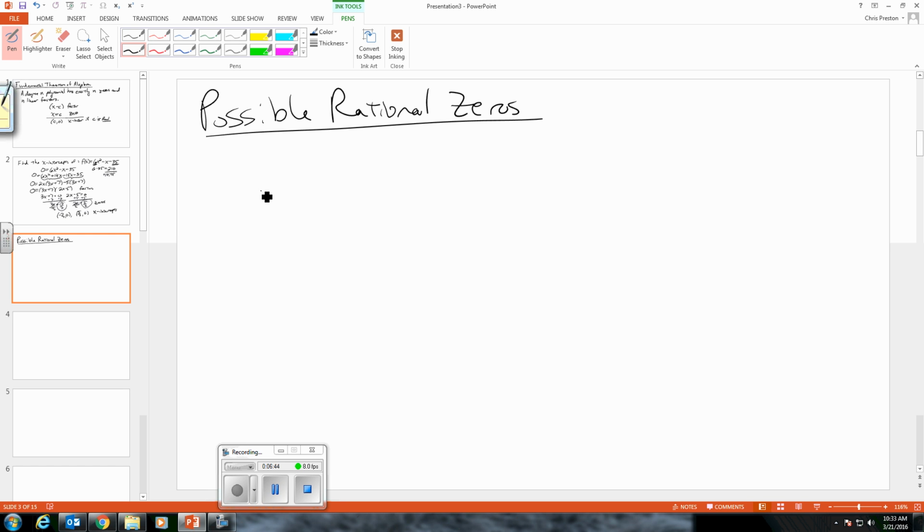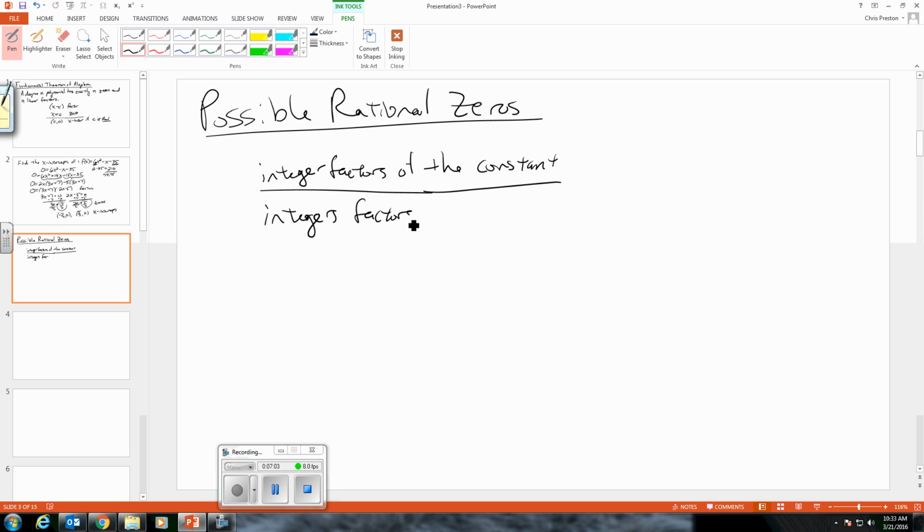Possible rational zeros are integer factors of the constant divided by integer factors of the leading coefficient. That's always true. If there are rational numbers as possible zeros, they have to fit this pattern.